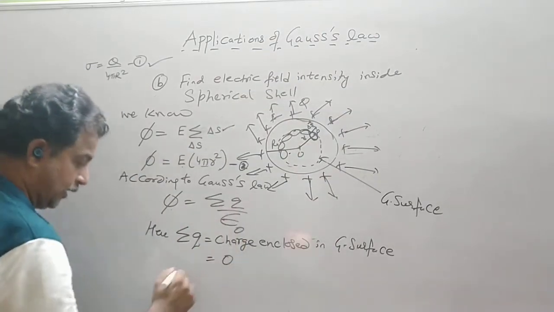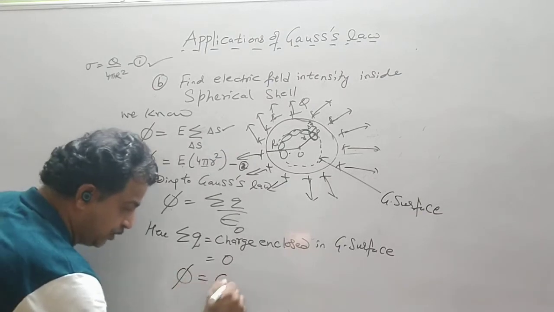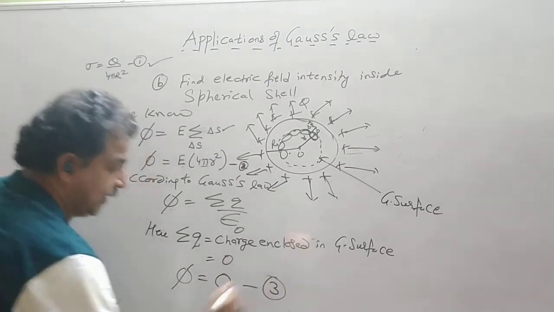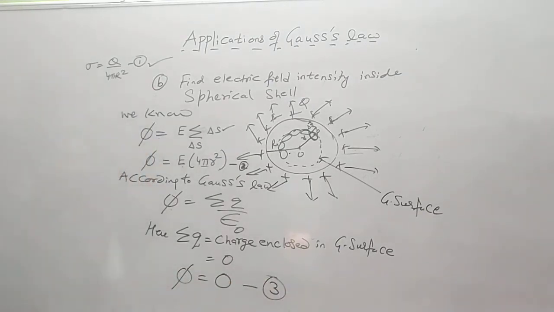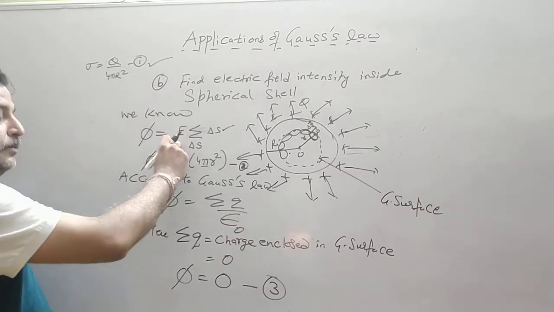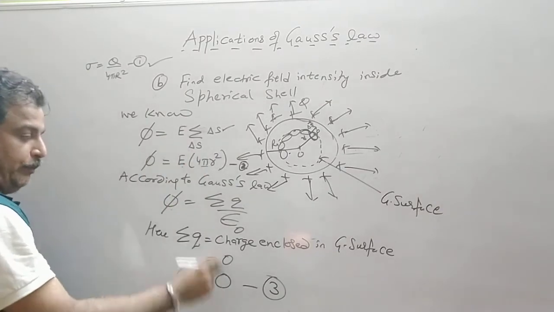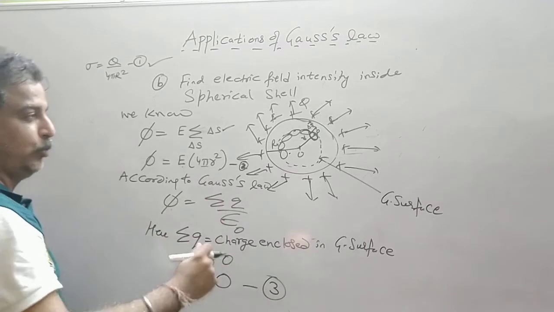So substituting this value, the flux becomes 0. That is equation number 3 say. So first we apply the definition, then we apply the Gauss law, and compare the equations.